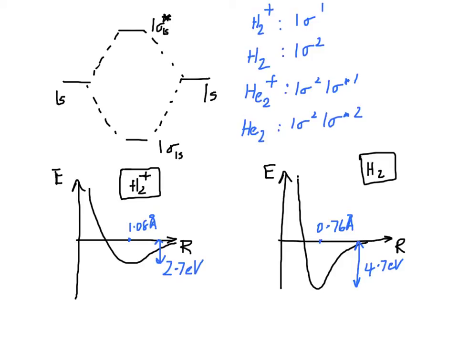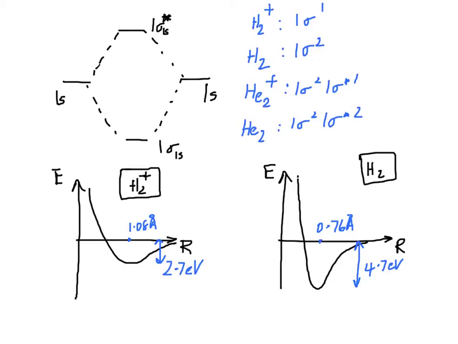What about the other systems, right? What about He2 plus? It has 2 electrons in the bonding orbital and 1 in the antibonding orbital. And moving on to He2, the neutral helium dimer, it has 2 electrons in the bonding orbital and 2 in the antibonding orbital.